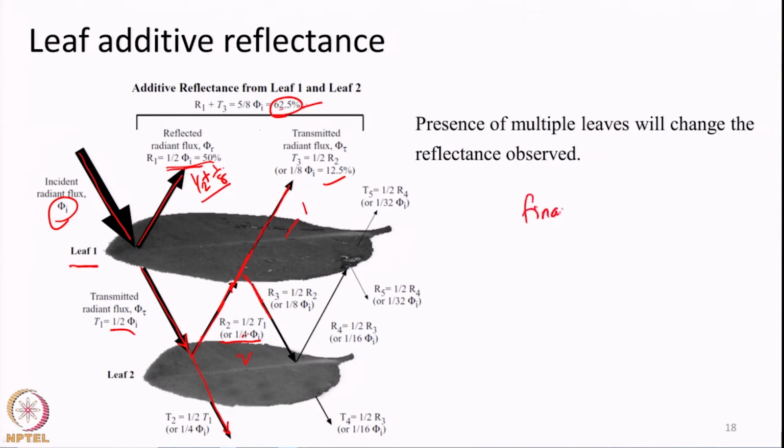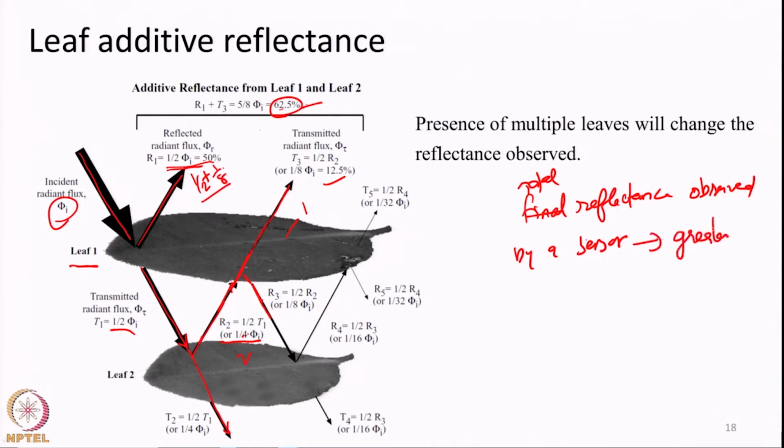So, the total reflectance observed by a sensor due to multiple leaves will be greater than the reflectance produced by a single leaf. This is because of the presence of multiple leaves underneath it.